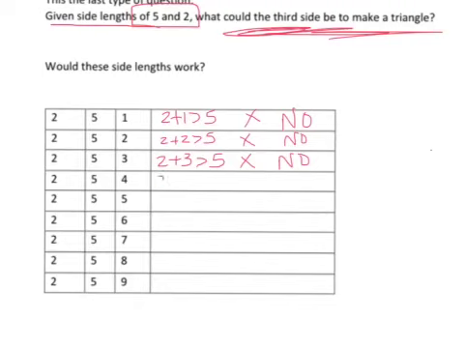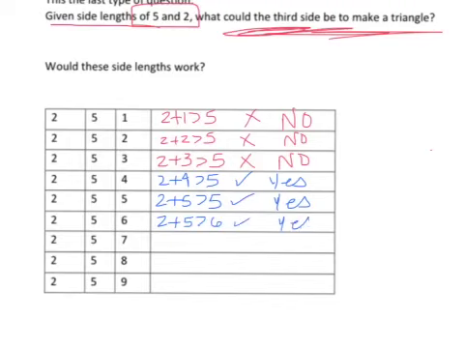Then we're going to go 2 plus 4 greater than 5, and that's a yes. Then 2 plus 5 greater than 5, that's a yes. 2 plus 5 greater than 6, that's a yes.